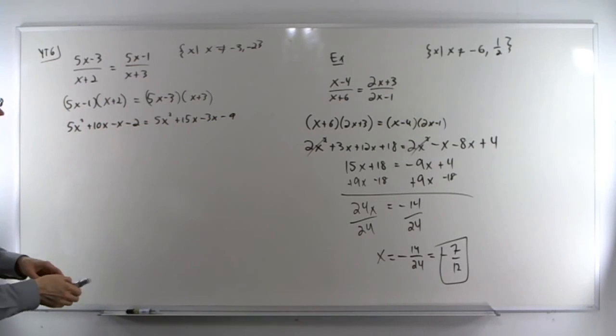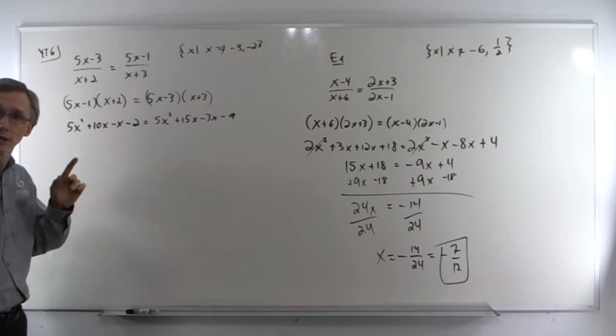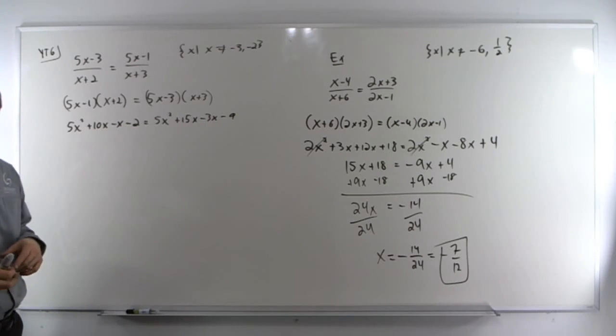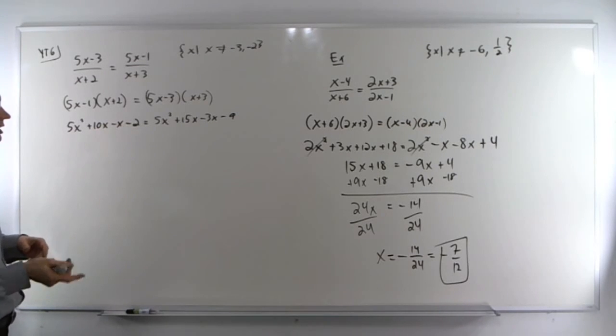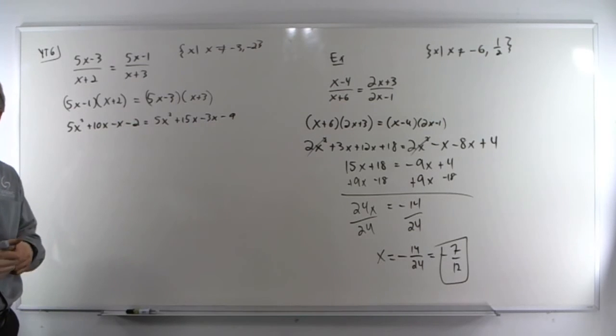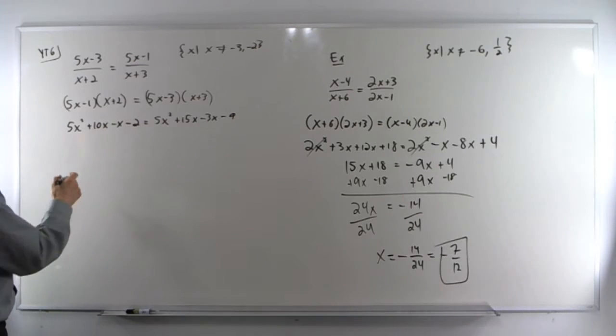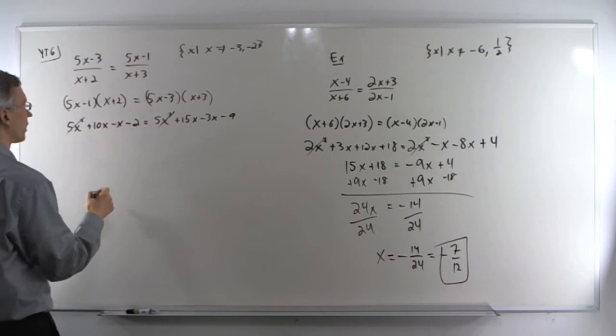Now, it's not always the case that you're going to have matching x squared terms and be able to cancel them like that. If you don't, generally what's going to happen is you're going to get a factorable trinomial, and you can use the zero factor property to solve that. All right, 5x squared, so those go away.